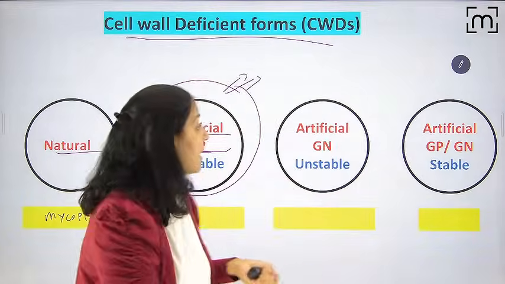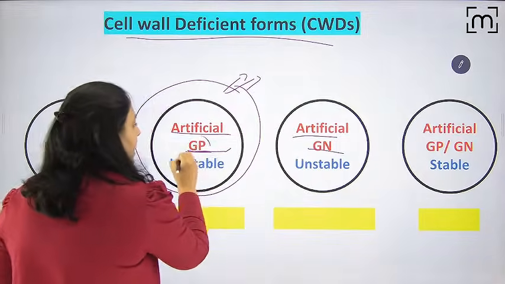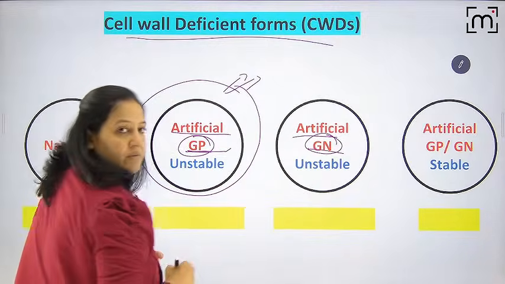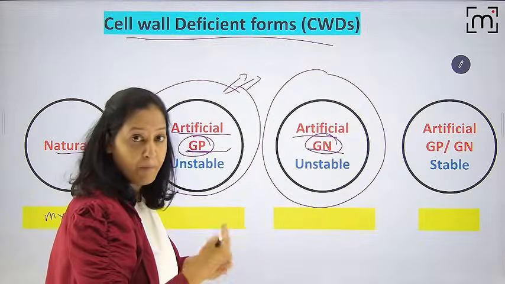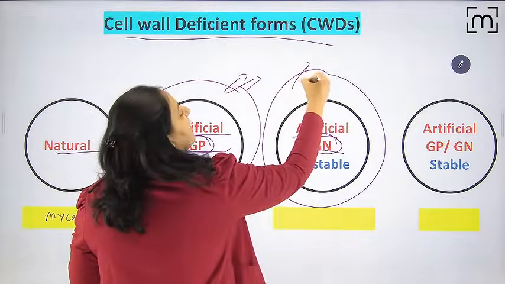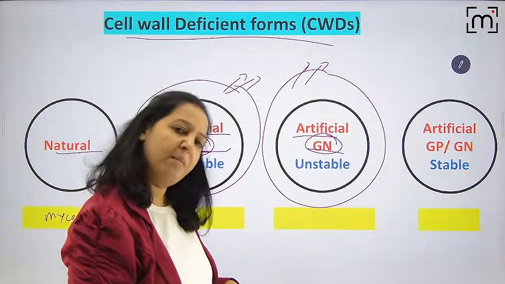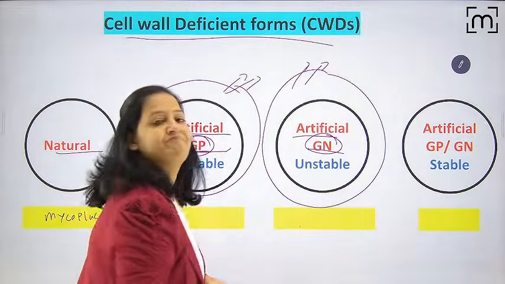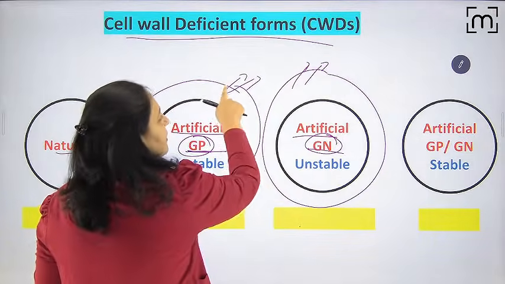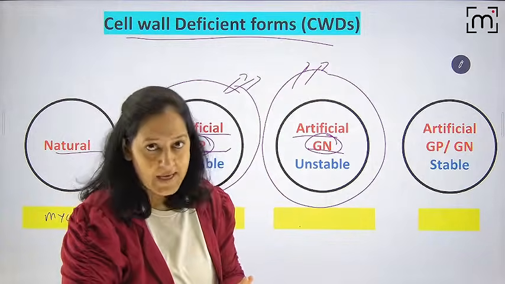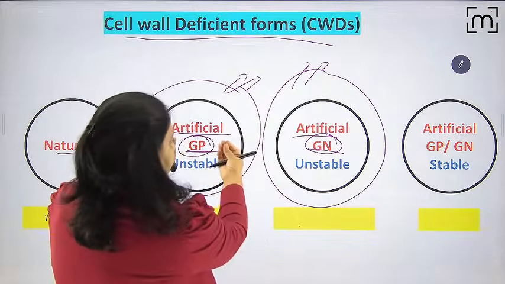Tell me an artificial gram-negative. This was gram-positive, this is gram-negative. A bacteria in which the cell wall was given, but I, a human, have removed it artificially, either by beta-lactam or lysozyme. What is it known as? Once the cell wall is removed, the bacteria will burst.